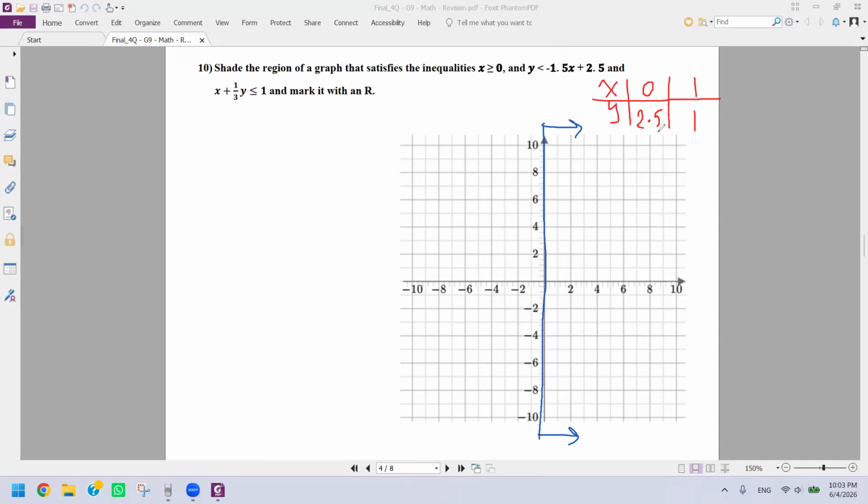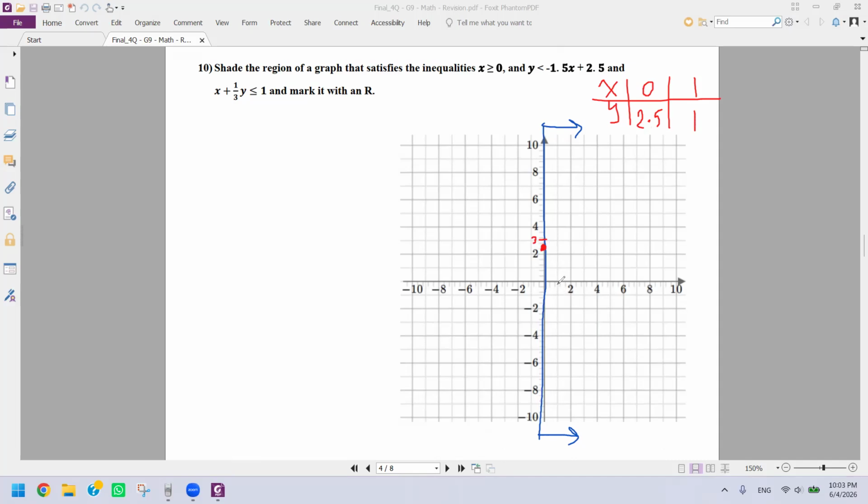Let me put these points on the graph. x is 0, y is 2.5. Here between 2 and 4 there's 1 square, this square for the 3, so 2.5 is between 2 and 3, it's here. This is the first point.